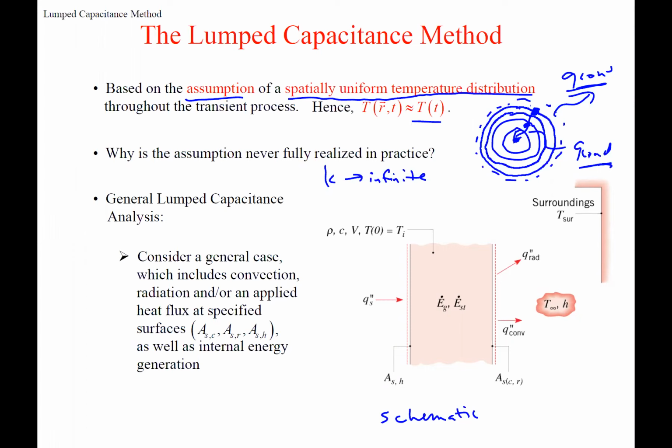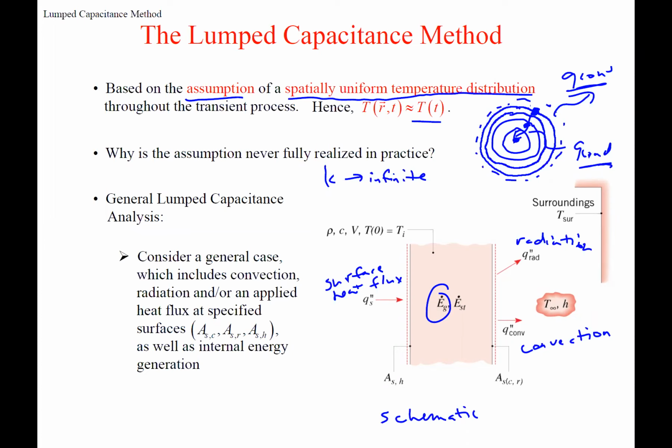We're going to apply a surface heat flux right here. We're going to apply radiation. We're going to apply convection. And we're going to apply energy generated. Okay, so we just put 4 different things happening on this plane wall all of a sudden, right?